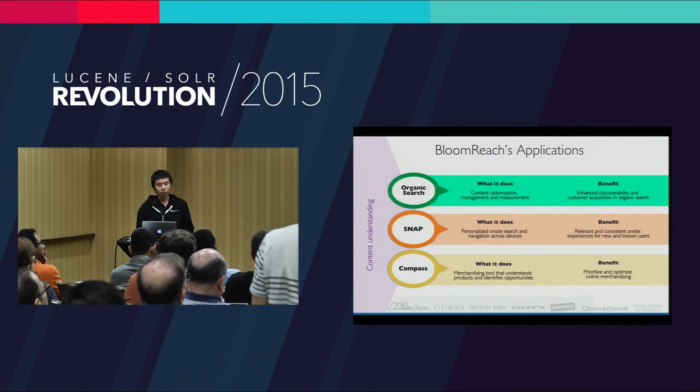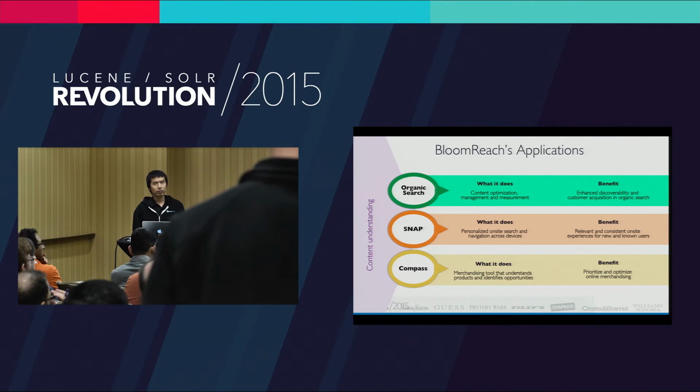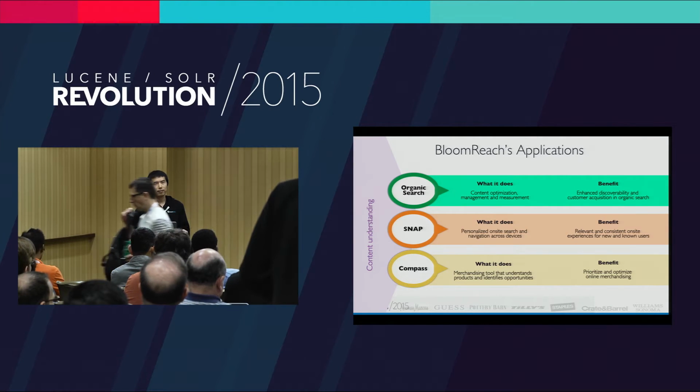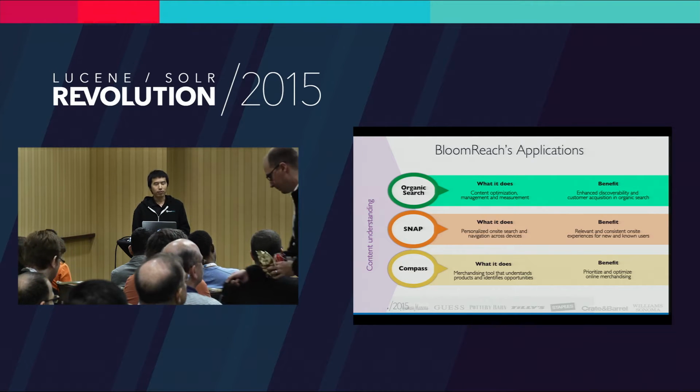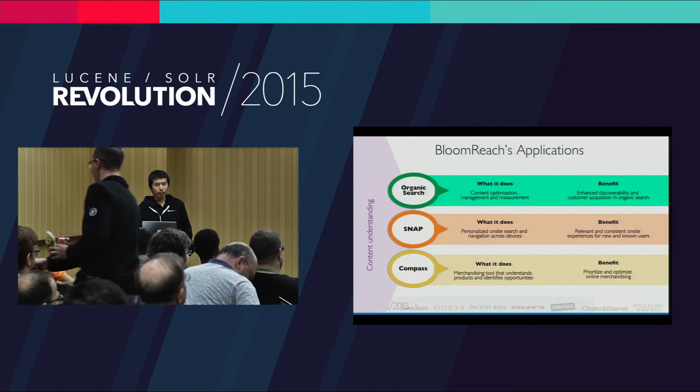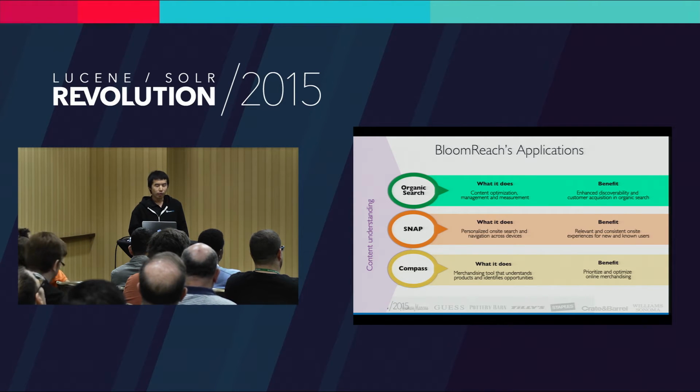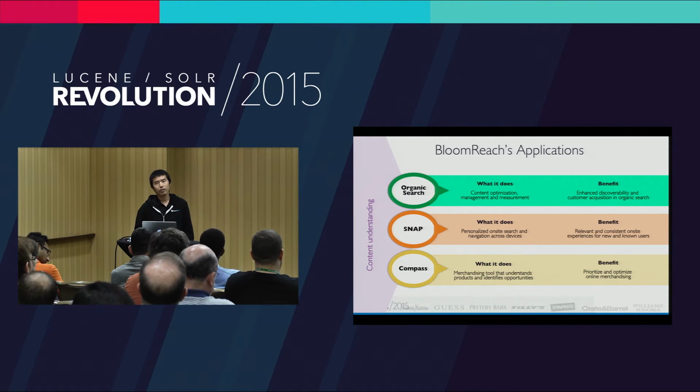Compass is another new product that takes all the user search data, analyzes it, and proposes better content to the customer. Today's topic is mainly about Snap, because every retailer's search will hit our Solr cloud directly, and we cannot afford any downtime, and the latency requirement is very high.